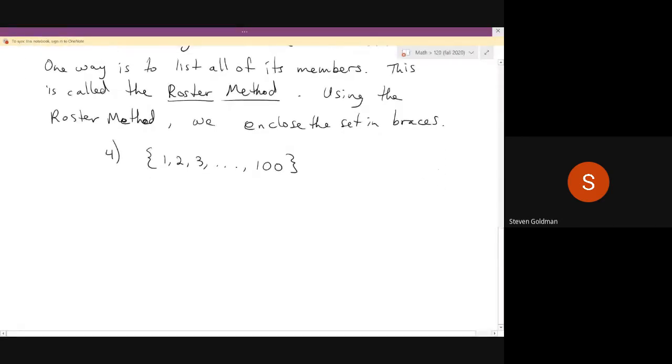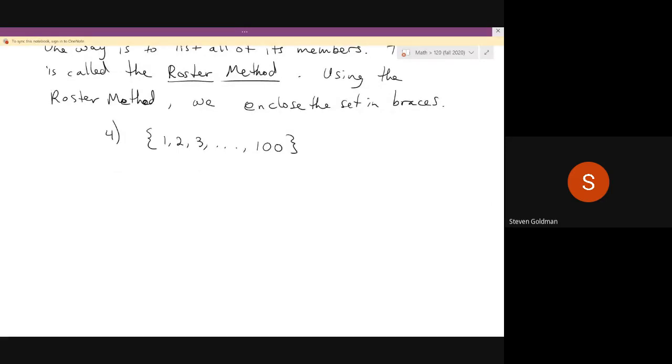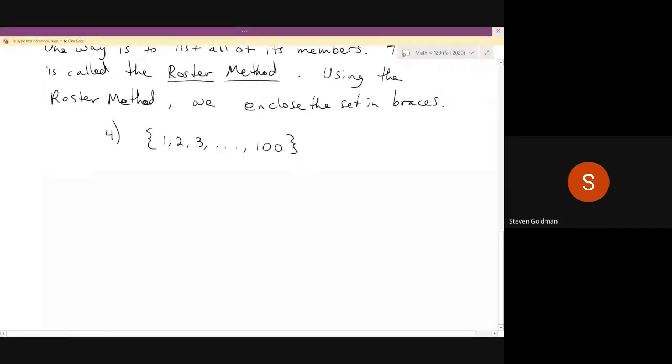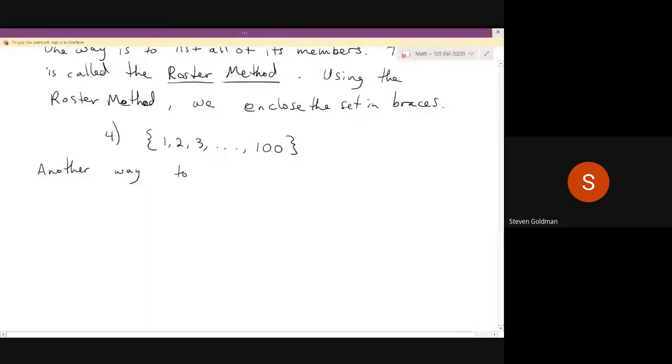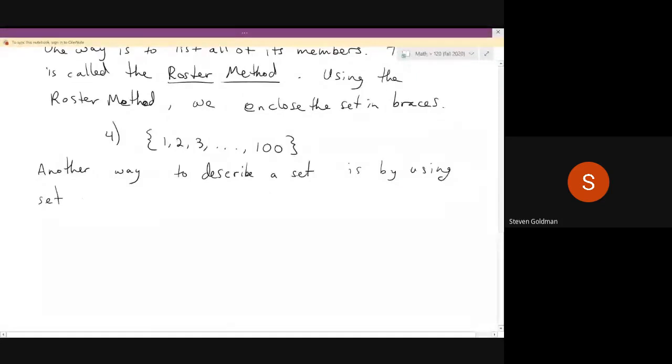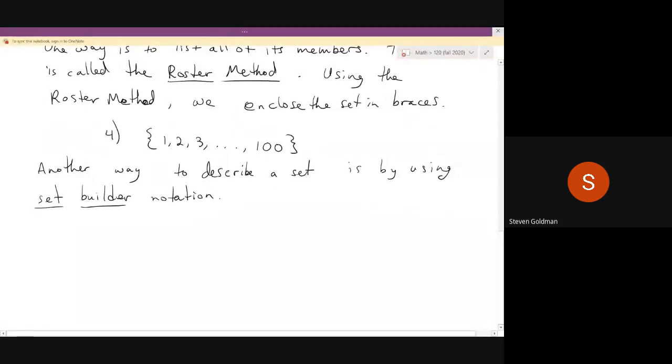Okay. Another way of describing a set is, instead of listing out all the elements in the set, you can give a description of what elements are in the set. Okay, and that's called set builder notation. So another way to describe a set is by using set builder notation.